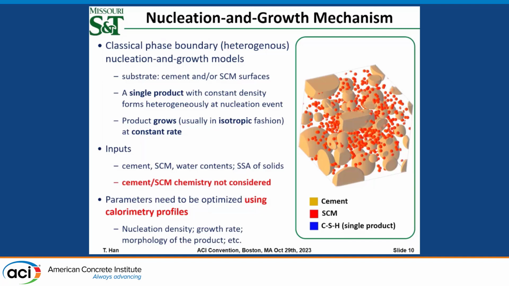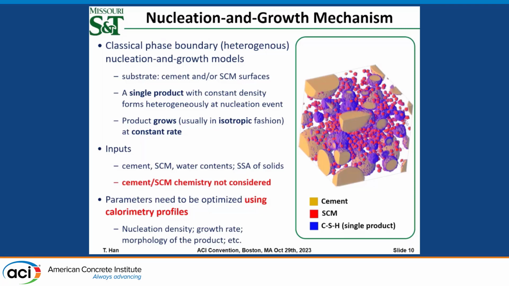Also the growth rate: we know the growth rate of hydrates changes with your ion concentration, but this model cannot do that. It only has a constant rate. But still, with the input of cement, SCM, water content, and specific area, it can simulate the hydration reactions.